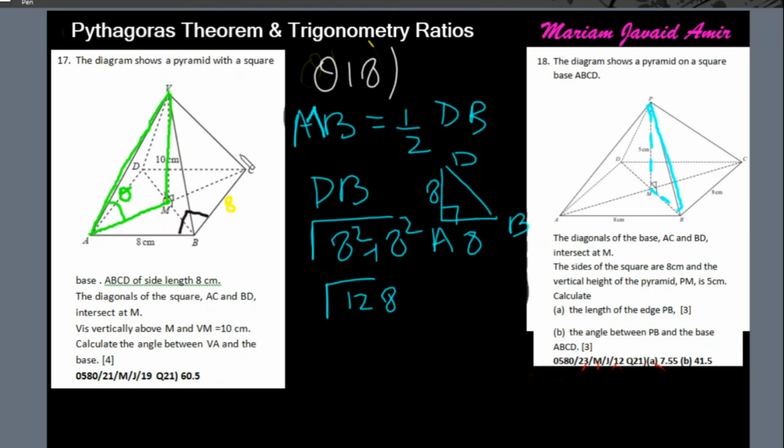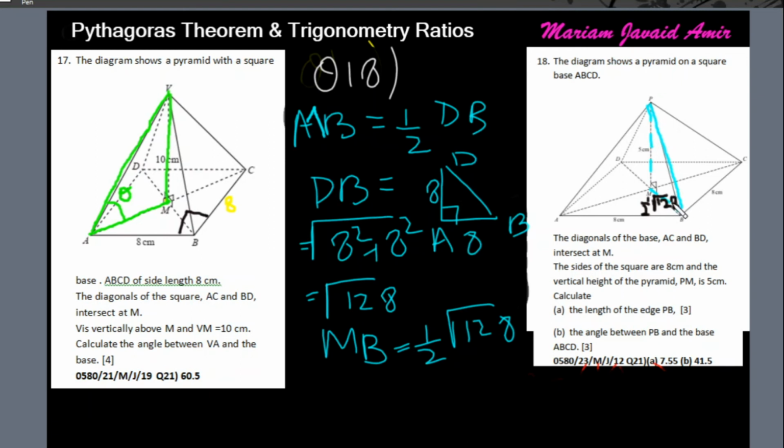So MB was half of DB. So MB equals half of under root 128. So next I need the length of PB.